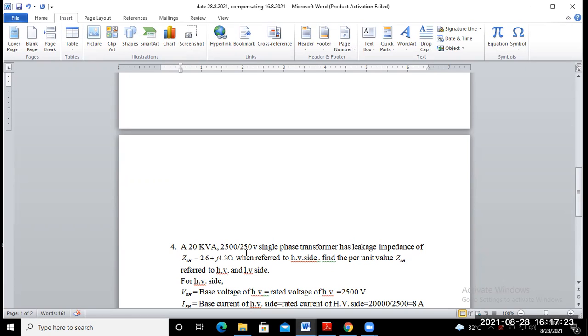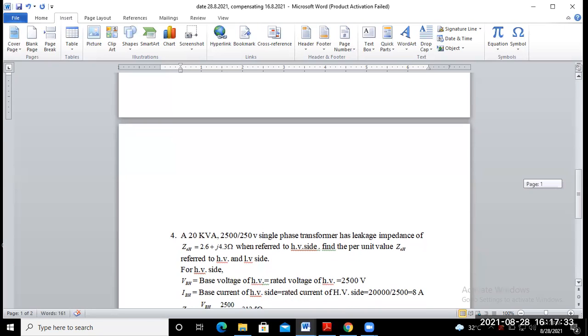And the power rating is the same on both sides of the transformer, so that will be equal to 20 kVA.